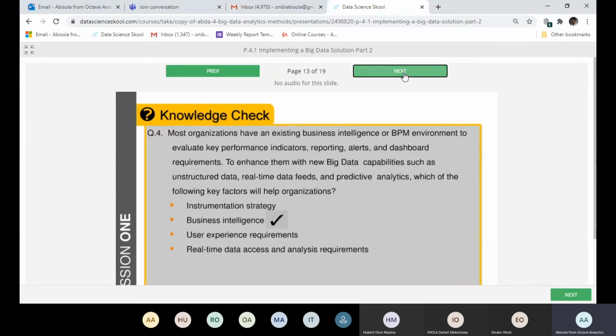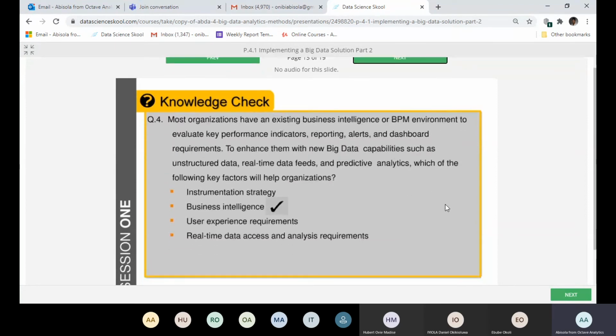Then let's see knowledge check 2. Most organizations have an existing business intelligence or BPM environment to evaluate key performance indicators, reporting, alerts, and dashboards. That is, they have business intelligence environments already. Most companies that you go into probably have some small charts or business intelligence formats that they use to see when maybe sales are going down or sales are coming up.